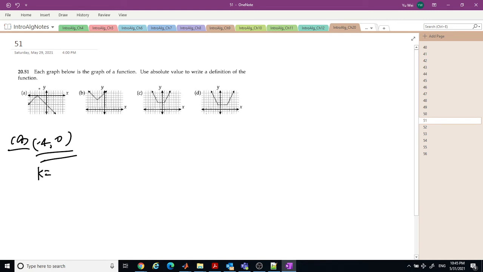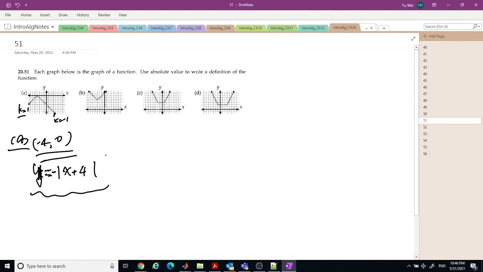So the slope is k equals -1, and this one is k equals 1, right? So now we can write this section as x plus 4, because when x is -4, it is 0, right? And it's a negative value, right? So this is the solution of A.